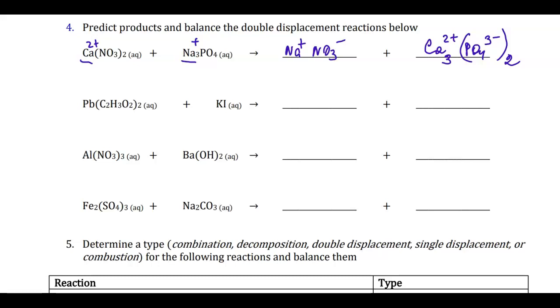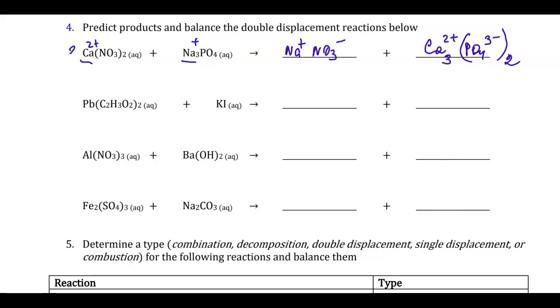Now we need to balance this reaction and determine a type. Is it combination or decomposition or double displacement or single displacement or combustion? I'm sorry. So we need to balance them, and we start with metals. So we have sodium 3 and calcium 3, and I'm going to start with calcium because calcium is here at the beginning.